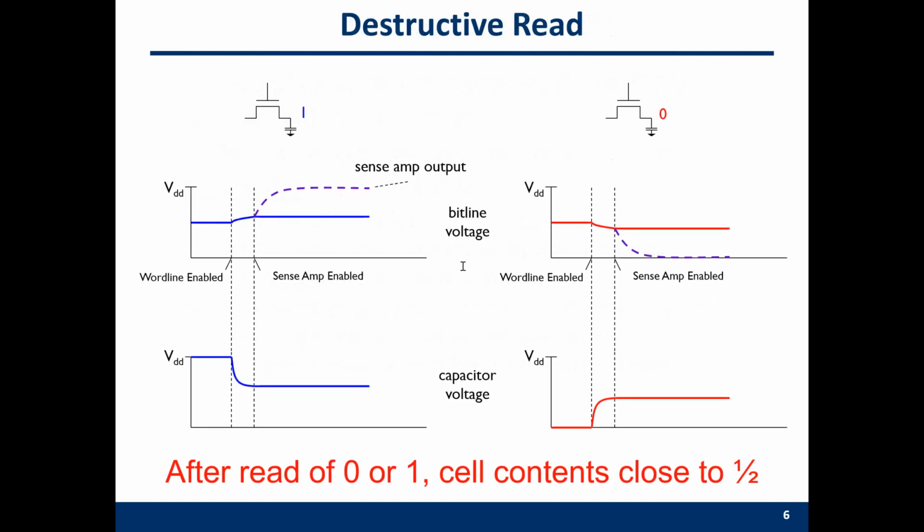So here is the destructive read of DRAM. You can see the process. If the cell has charge, or if the cell has no charge, we need to figure out a method to read the value of the cell.